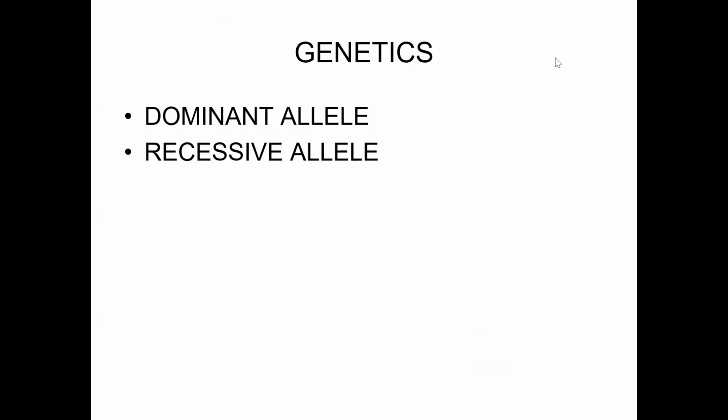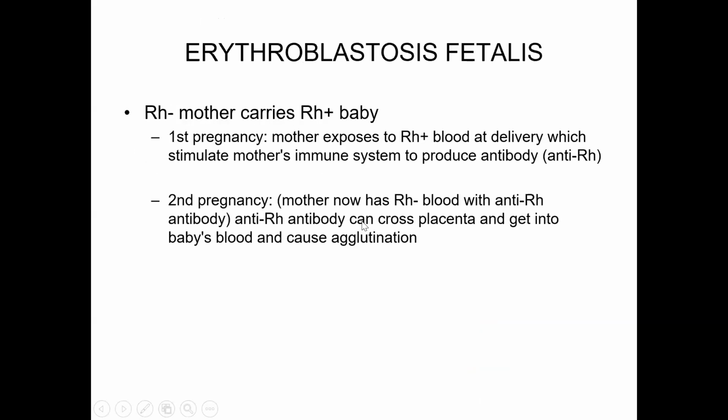Okay, so when we say genetics, that means it's determined by the specific genes. If you look at the genes, we have dominant genes and recessive ones. Let me explain this. Okay, so in each trait, if you have both dominant genes, then it's going to express the phenotype.